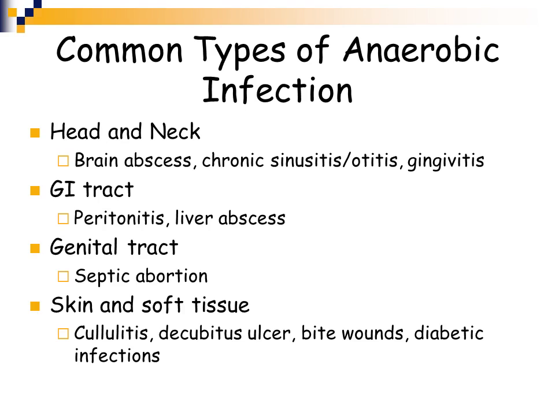In the genital tract, we also have some anaerobes there as normal flora. So you can get genital tract infections that can cause septic abortions. And of course, our deep tissue, skin and soft tissue infections, our cellulitis, our decubitus ulcers, bite wounds, diabetic infections that get deep into the tissues.